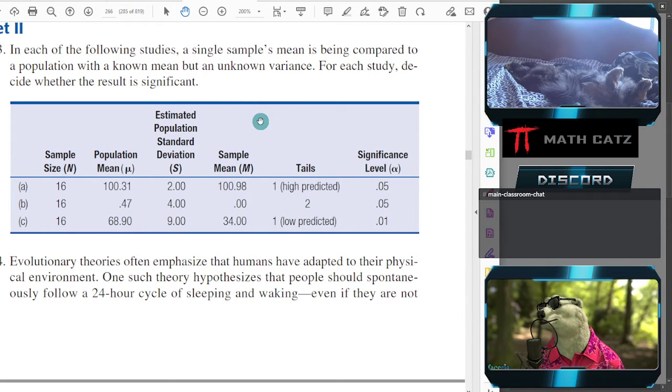Let's read it first. In each of the following studies, a single sample's mean is being compared to a population with a known mean but an unknown variance. For each study, decide whether the result is significant.